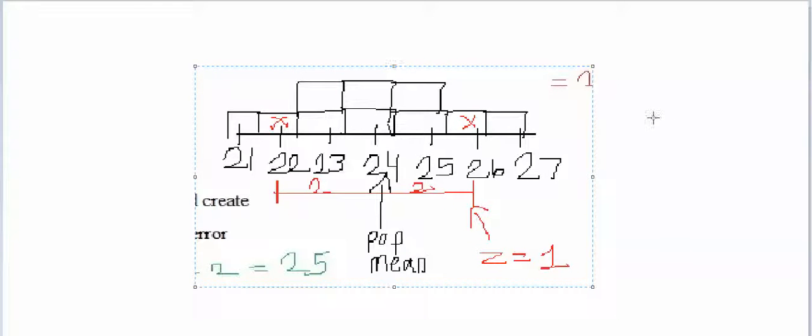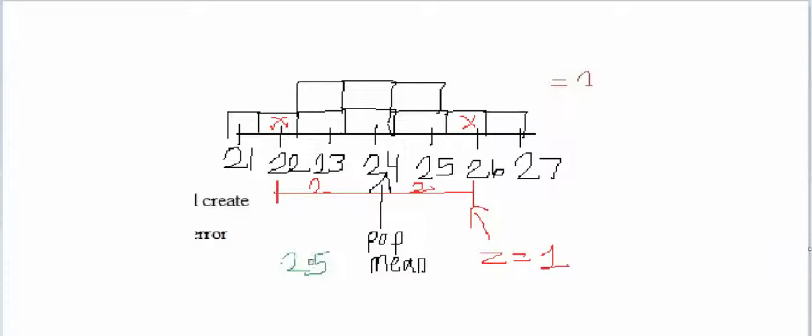This was the graph of the possible samples. This was our population mean of 24.